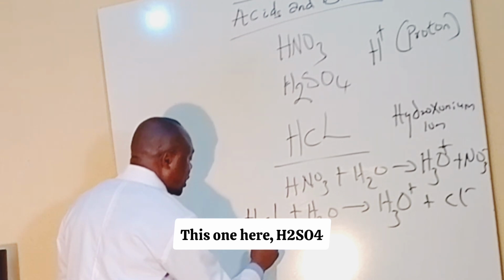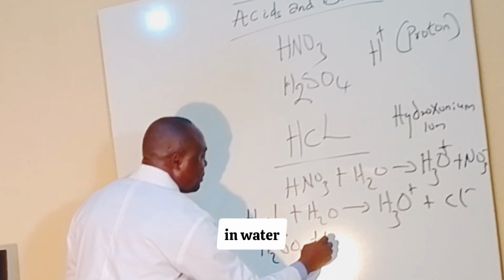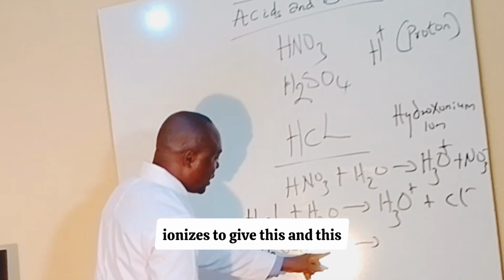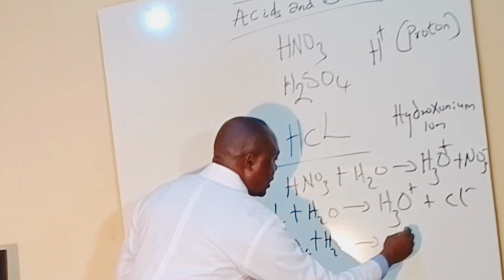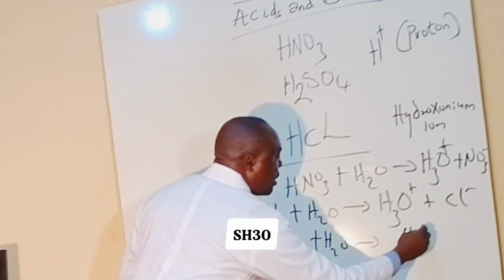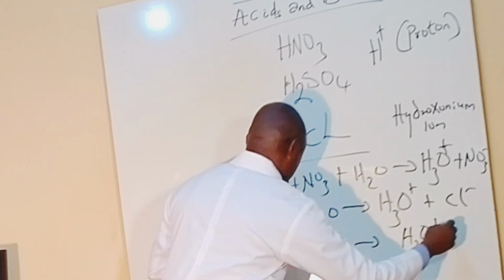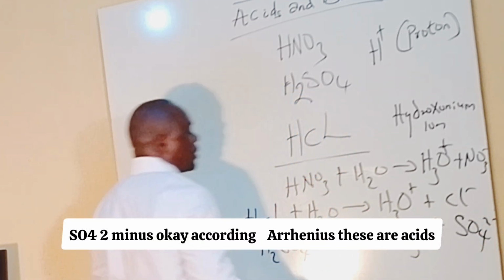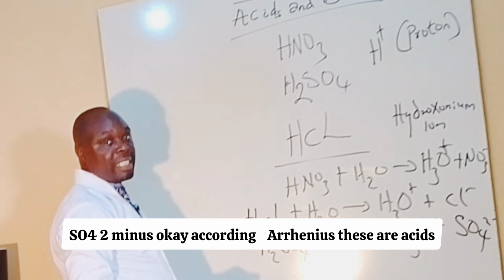This one here, H2SO4 in water, ionizes to give 2 H3O+ and SO4 2-. According to Arrhenius, these are acids.